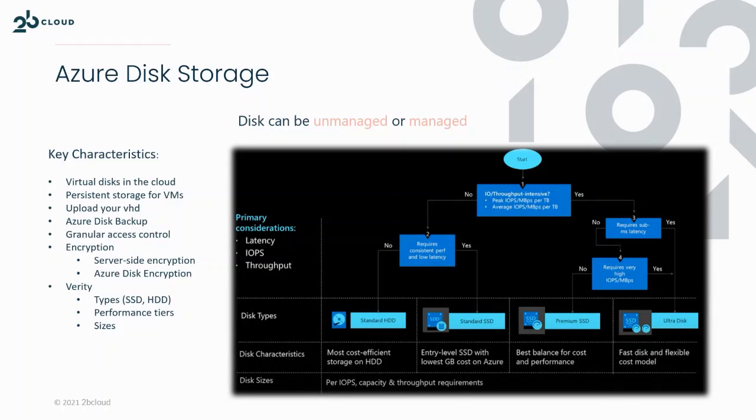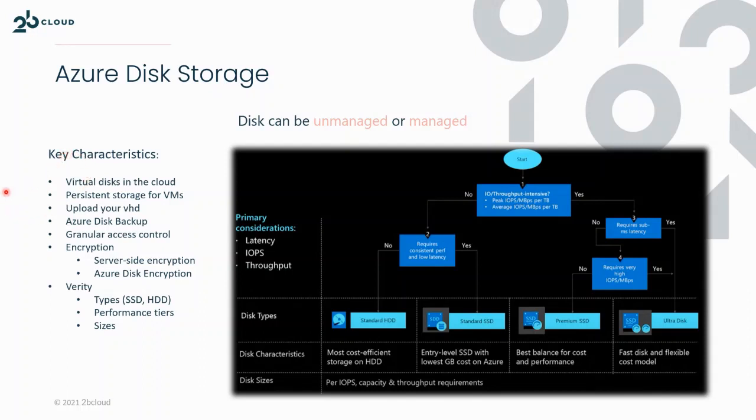The managed disk has better performance in terms of IOPS and support as well, as you don't need to manage any storage accounts. The conclusion is that for production and critical workloads, you would go with managed disks, and for non-critical, unmanaged may be a great option.